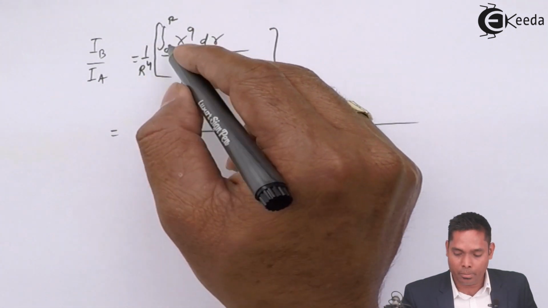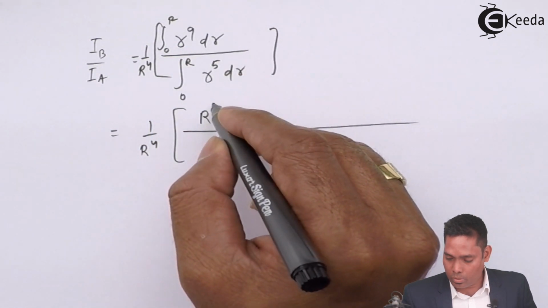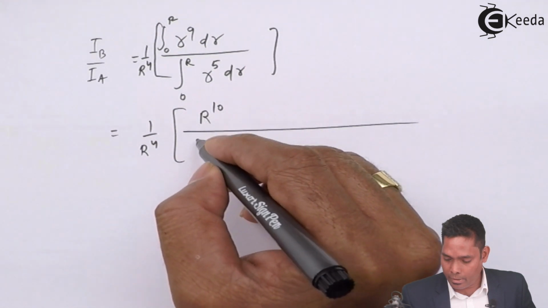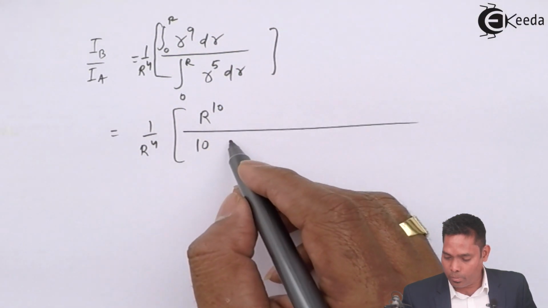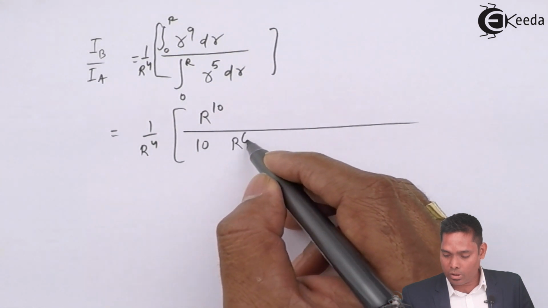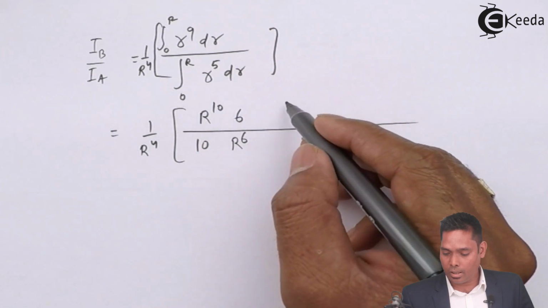If I put the limits, this will be R raised to 10 by 10 minus 0. In the denominator, this will be R raised to 6 over 6, and that also has the lower limit 0, so nothing is there.